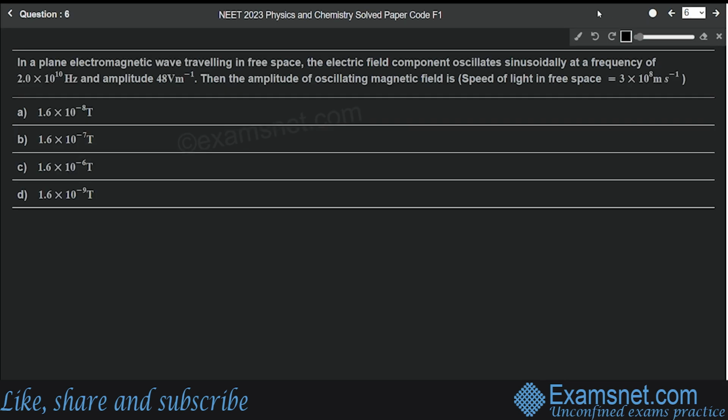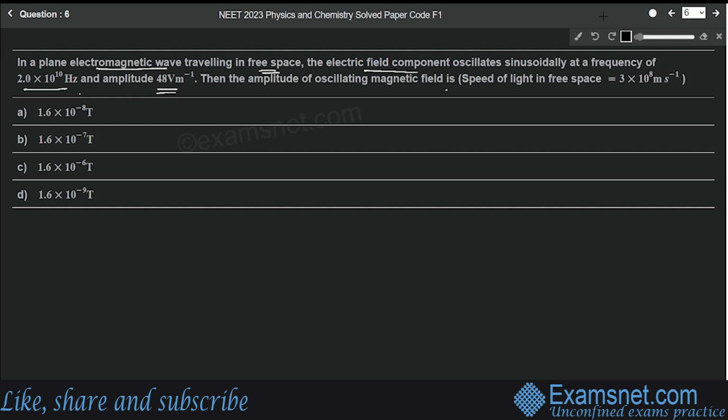Question number 6 is from electromagnetic radiation, and the question is: in a plane electromagnetic wave traveling in free space, the electric field component oscillates sinusoidally at a frequency of 2 into 10 to the power 10 hertz and amplitude 48 volt per meter. Then the amplitude of the oscillating magnetic field is.